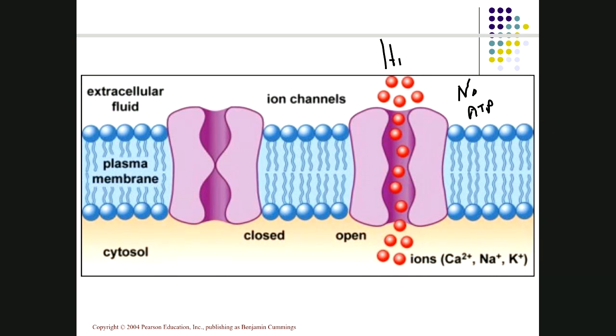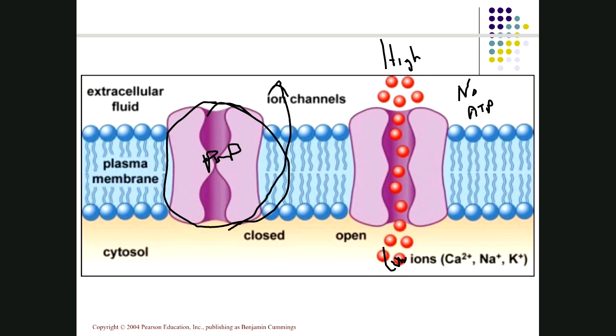They can only move down their gradient. But if I had a pump, let's pretend this is a pump. It's not, but let's pretend it is. A pump pushes things. So it pushes, and so it can move against a gradient. And because it's pushing, it requires energy. And that energy is in the form of ATP.